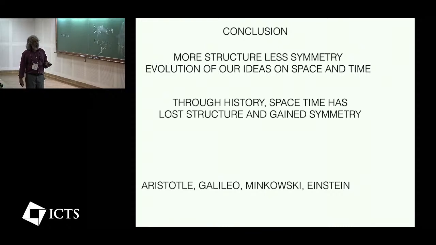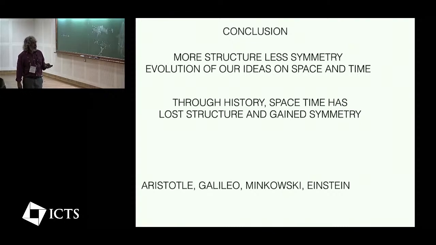So we have had several ideas about space and time. First, going back to Aristotle, then improved by Galileo, further improved by Minkowski, and finally Einstein's general theory of relativity. They're all different ideas about space and time.